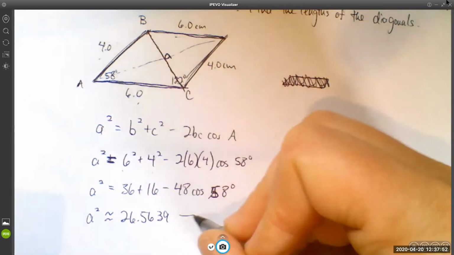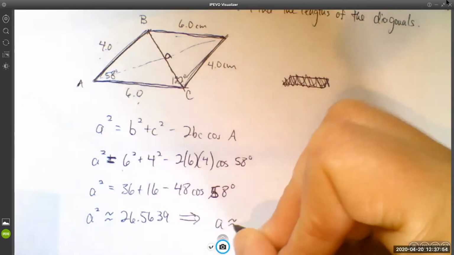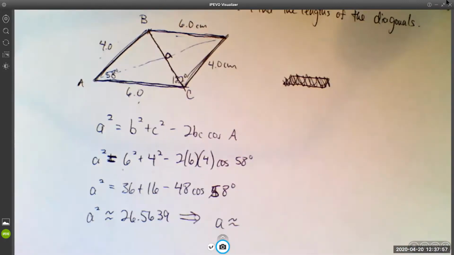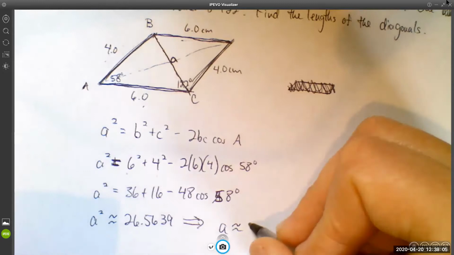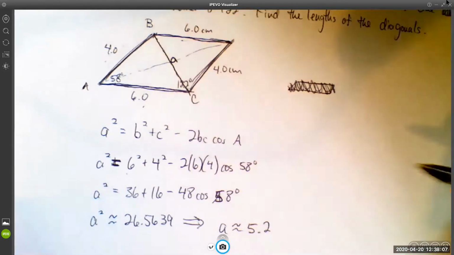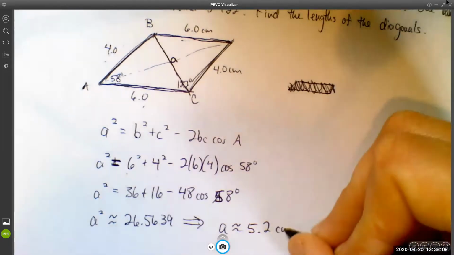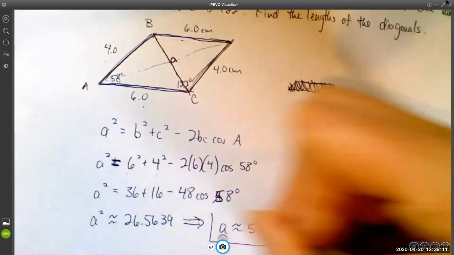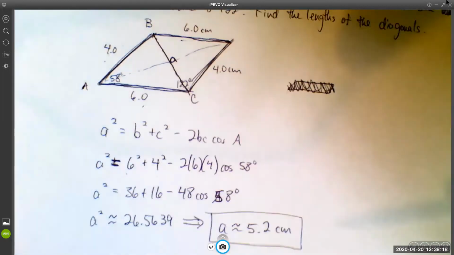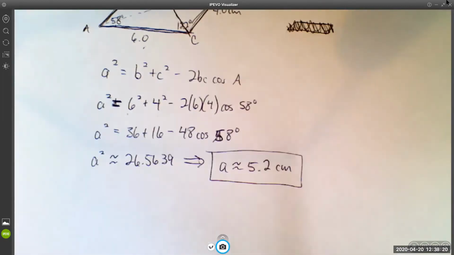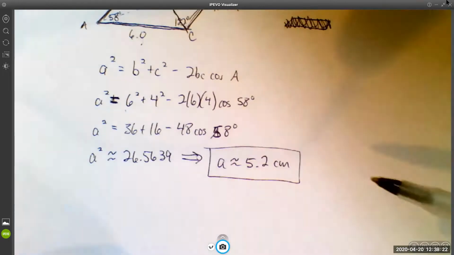If we take the square root, then we see A is approximately, so it looks like we have two sig figs, so we'll say A is approximately 5.2 centimeters. So that's that one.